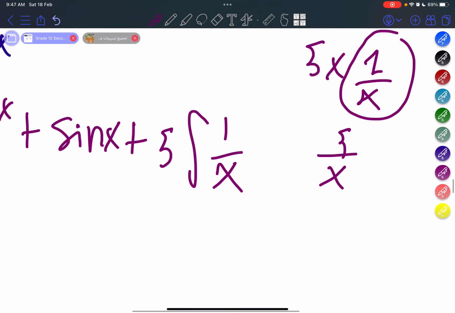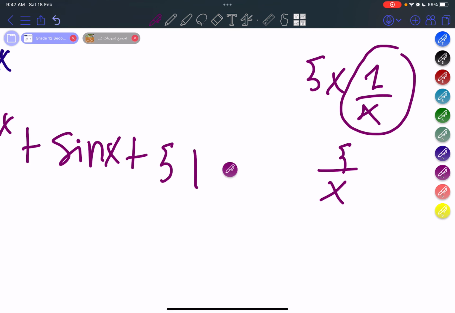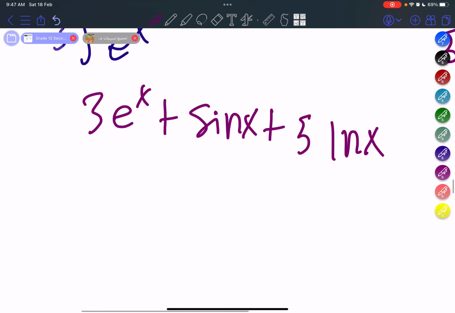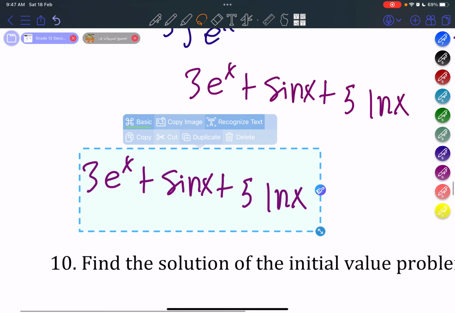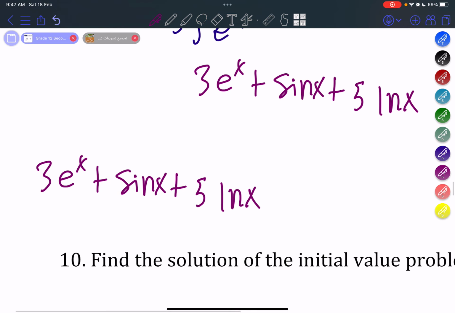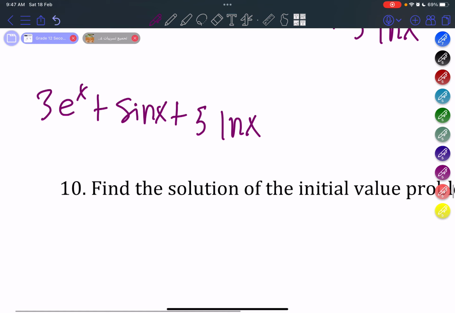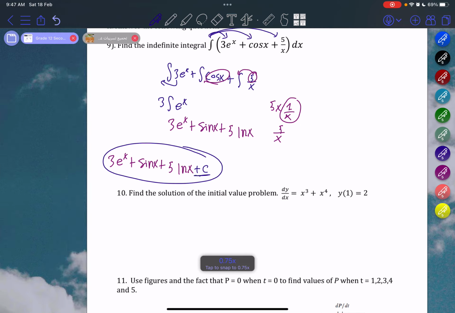And we know the integral of 1 over x is ln x. So this becomes our final answer: 3 times e power x plus sine x plus 5 ln x plus c. Okay, see, I was going to even forget about it now, even when I just warned you guys about it. Plus c. Do not forget plus c.